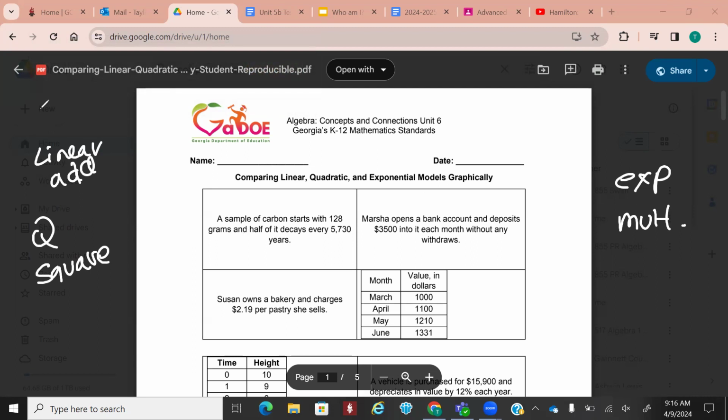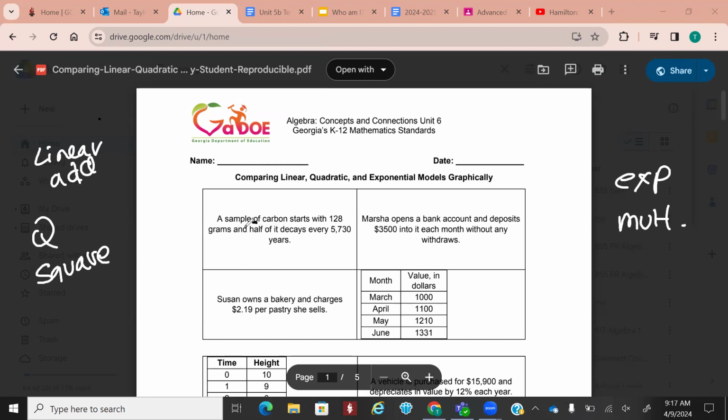On here, it says a sample of carbon starts with 128 grams and half of it decays every 5,730 years. So do we have linear, quadratic, or exponential? Is this adding or subtracting? No. Is it squaring something?